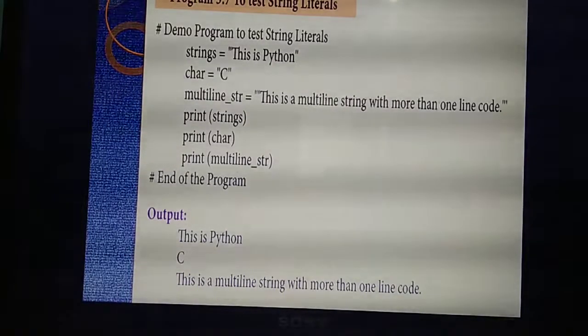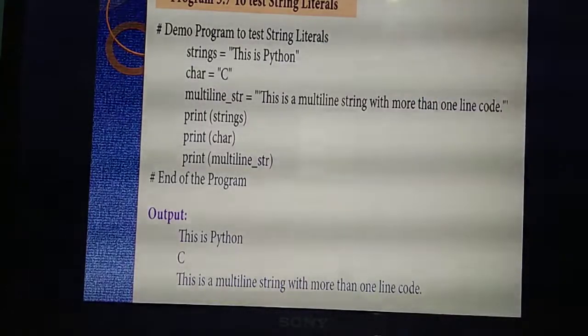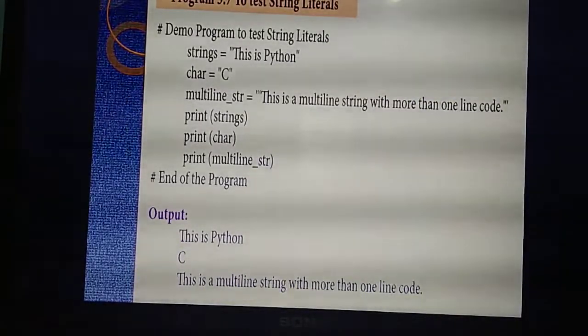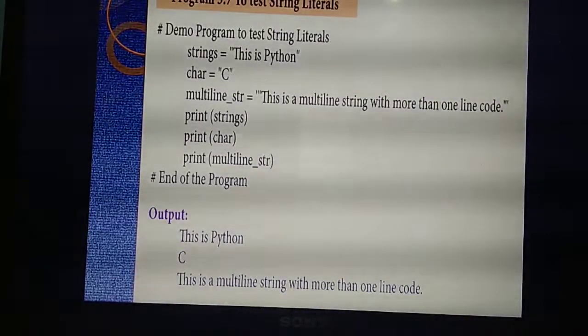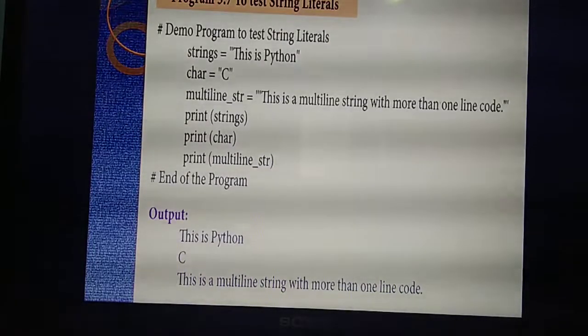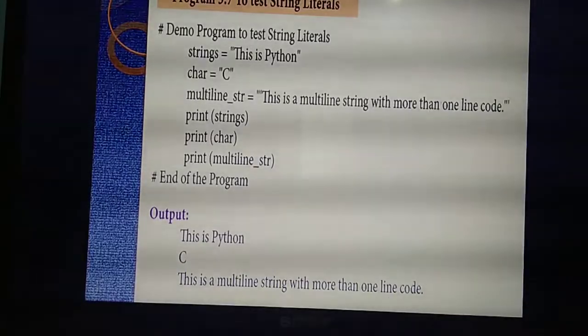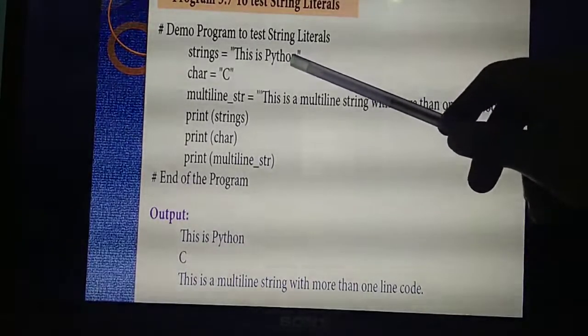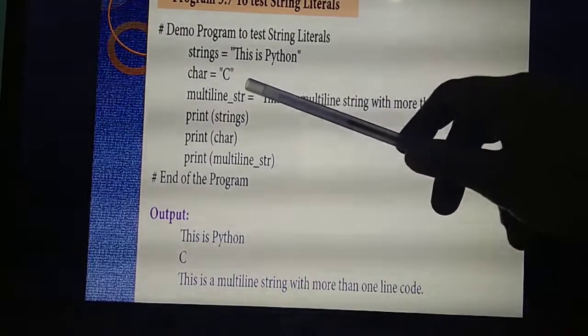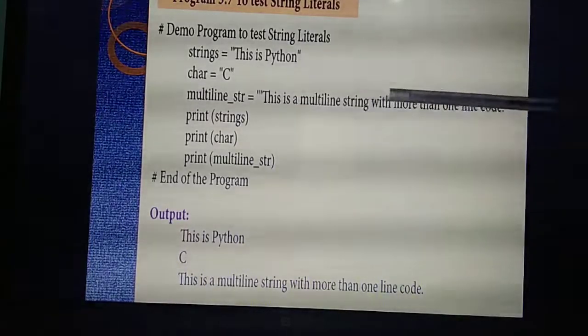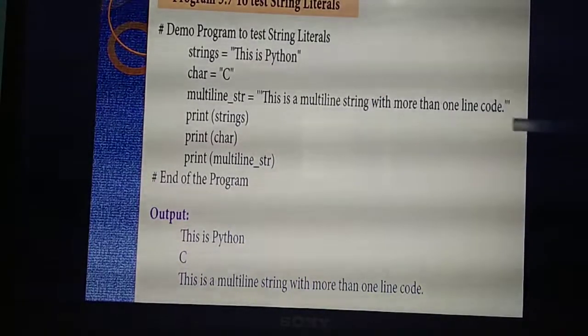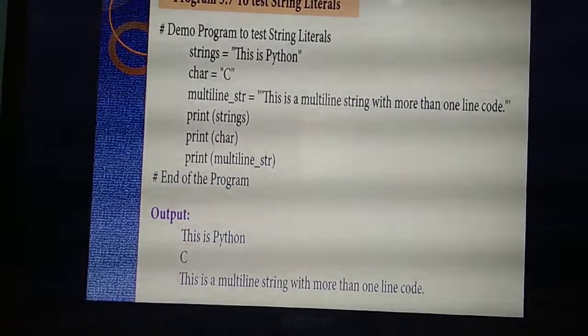If you mention double quotes, you immediately know this is a string you are giving as input. So while executing, the quotes won't come. What's the first output you will get? This is Python. Next output, C. Third output, this is a multi-line string. This is a sentence you will get. Understand?